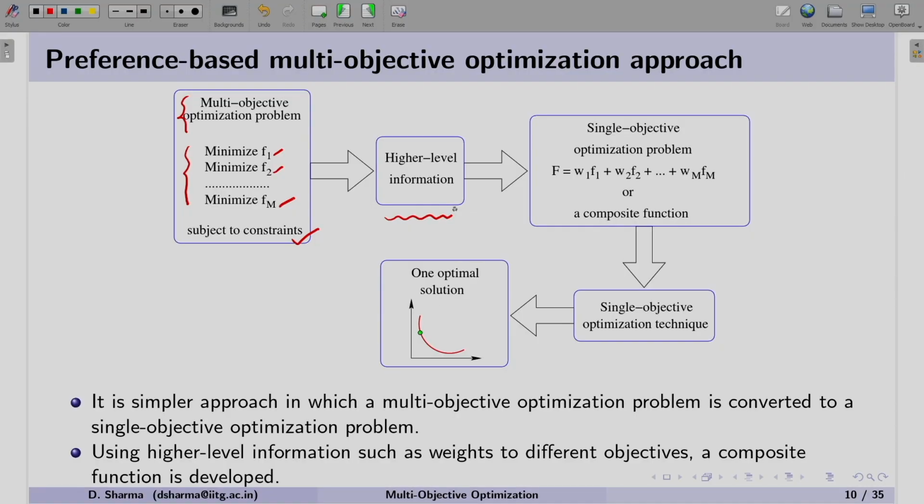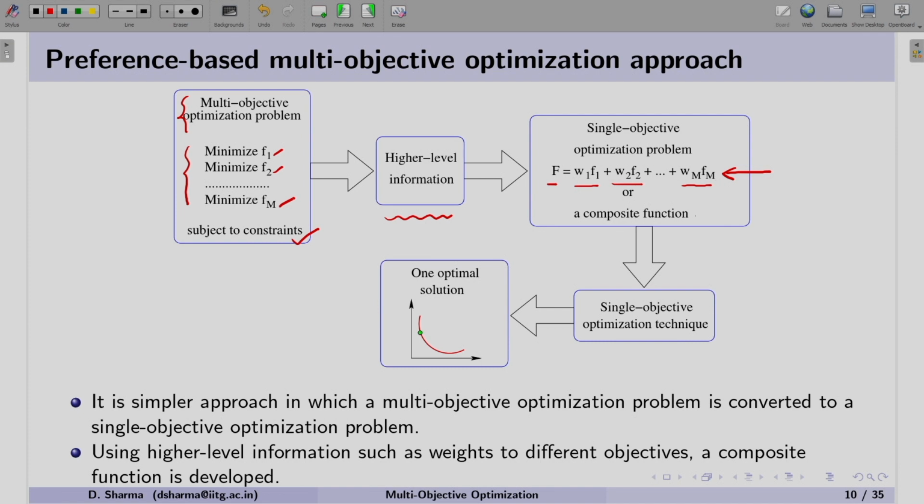So, here we already know this higher level information before solving the problem. We use that higher level information and convert the given problem into a single objective optimization. As you can see, we have the capital F, which we can write as omega 1 f1 plus omega 2 f2 and so on, till the summation of omega M fM.